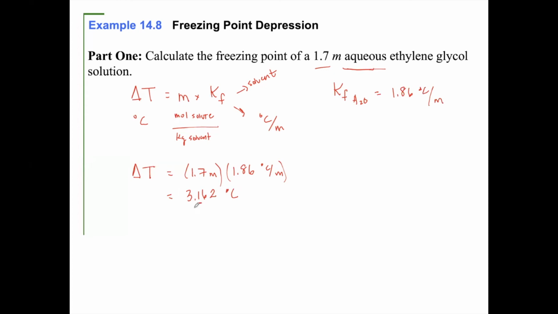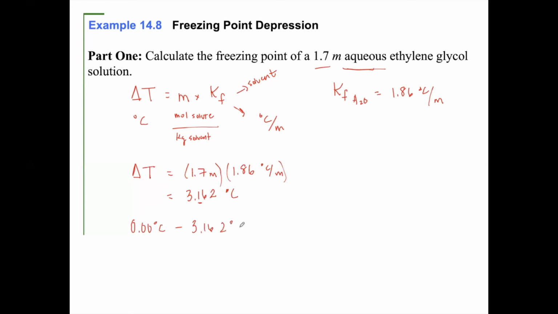Okay, so keep in mind, this is delta T. Since it's freezing point depression, this freezing point is going to be lower than the normal freezing point of water. So you're going to be subtracting this value from 0. The freezing point of water is 0 degrees Celsius, and you're just going to subtract.